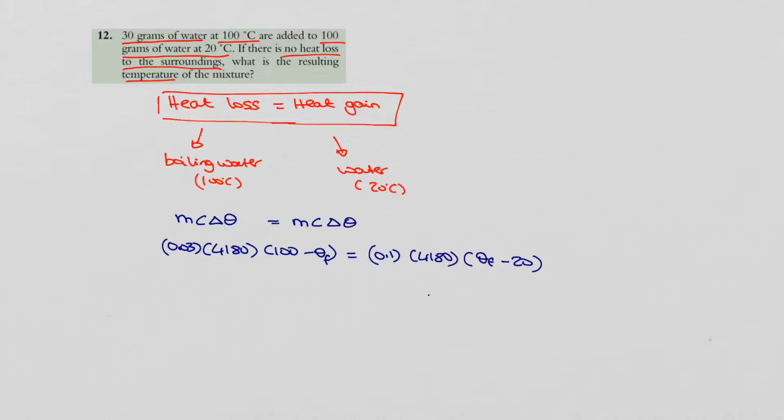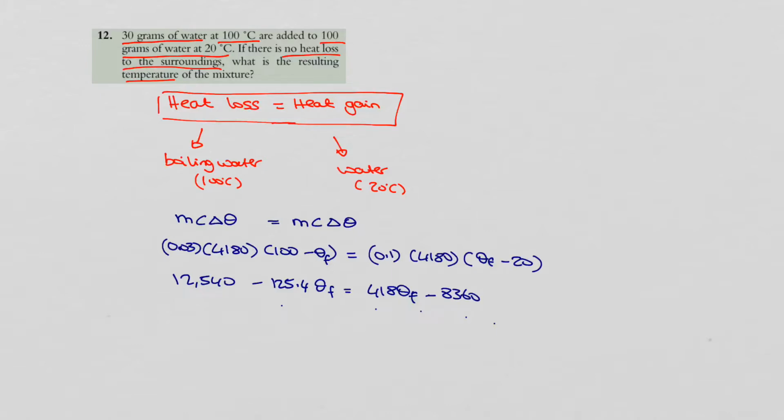Okay, so let's multiply out our brackets here, and then we're going to have to get our theta on its own. So if I multiply out the left-hand side, I get 12,540 minus 125.4 theta. And on the right-hand side, I get 0.1 times 4,180 is equal to 418 theta minus 0.1 times 4,180 times 20 is minus 8,360.